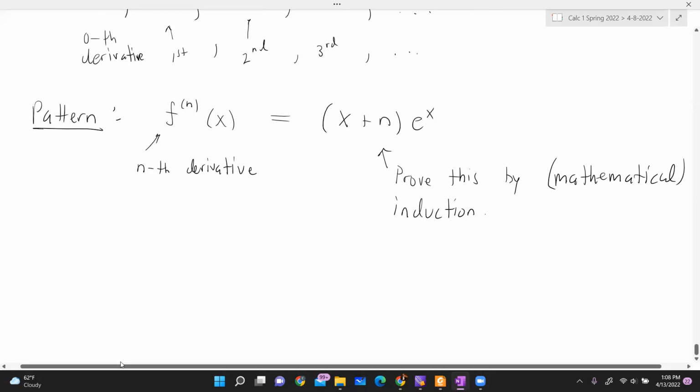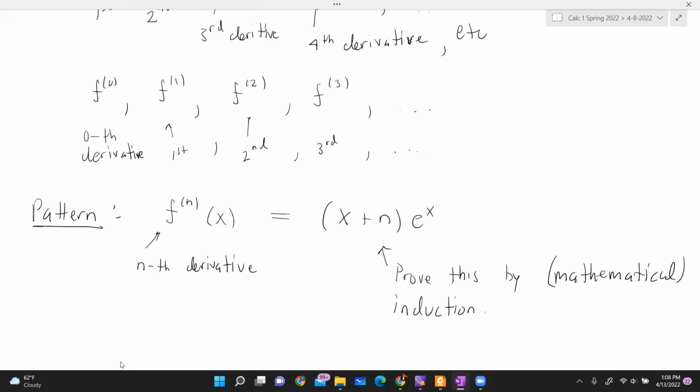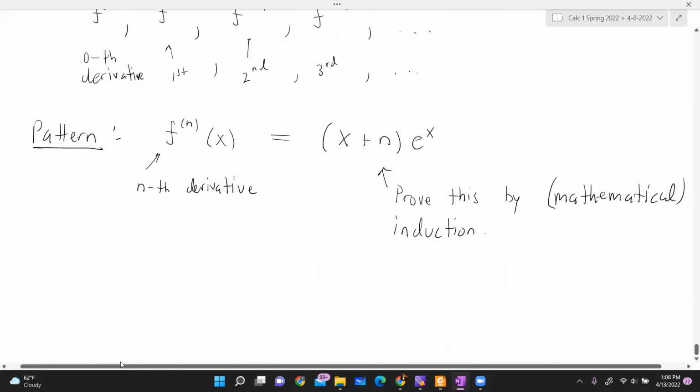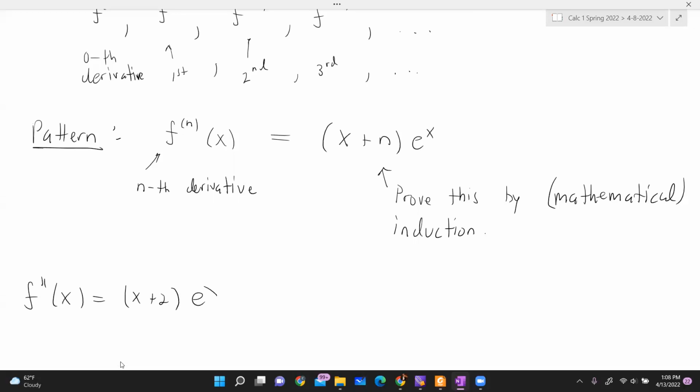Look up mathematical induction, and you can use that to prove that this pattern is actually correct. But anyways, let's get back to concavity. I just wanted to point that out. So we just found that the second derivative is (x plus 2) e to the x. So again, x plus 2 determines the sign.